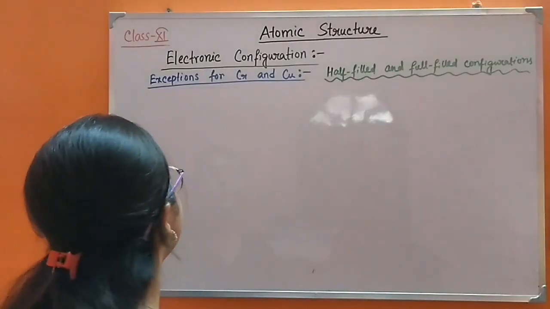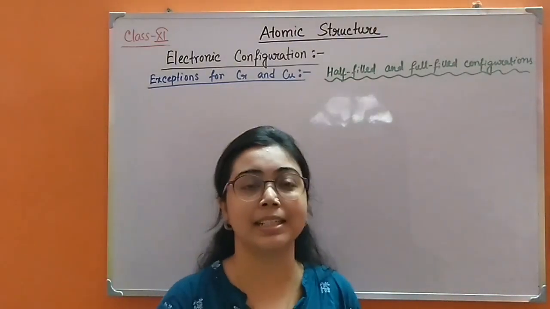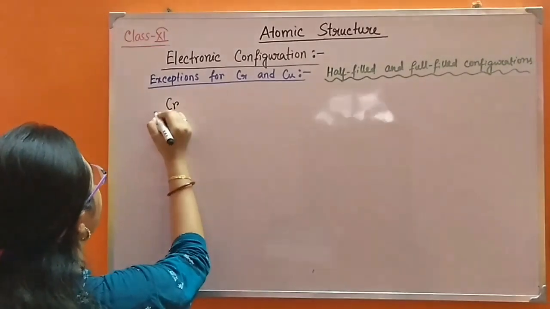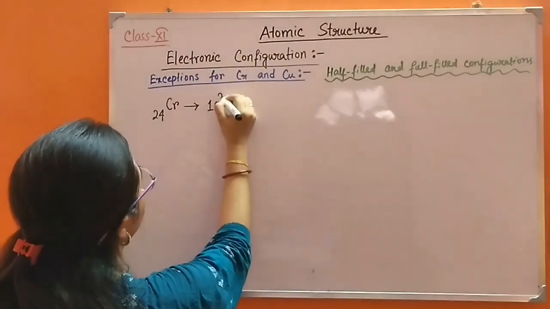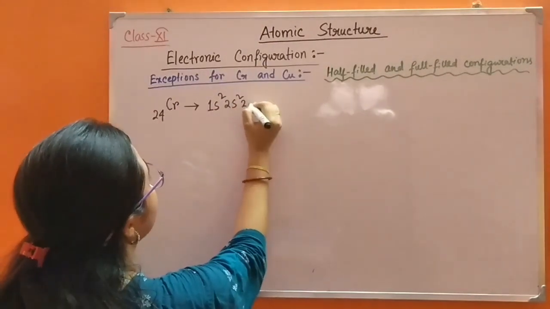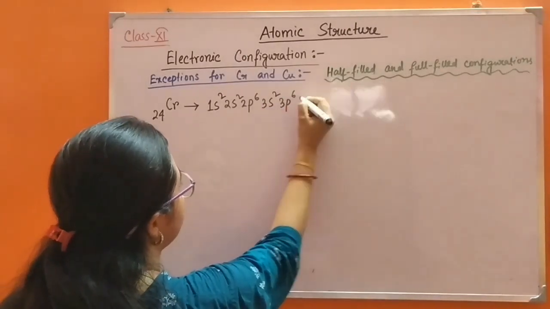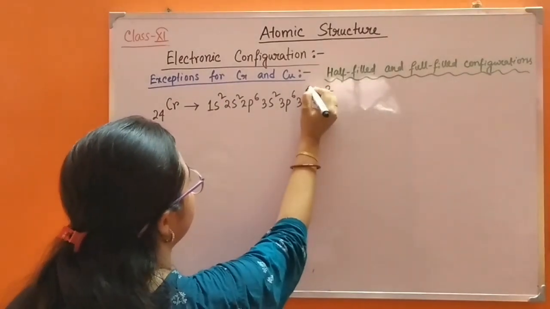Now, we will see the electronic configuration of chromium and copper. There are some exceptions in case of chromium and copper. Chromium atomic number is 24 and the electronic configuration should be 1s2, 2s2, 2p6, 3s2, 3p6, 3d4, 4s2.